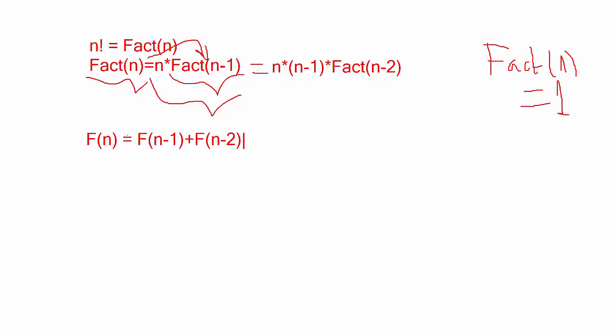And how does it start? It starts with 0, 1, and then every next element is when we add the two elements before it. So this is going to be 1, 1 and 1 is going to be 2, 1 and 2 is going to be 3, 2 and 3 is going to be 5, and so on.